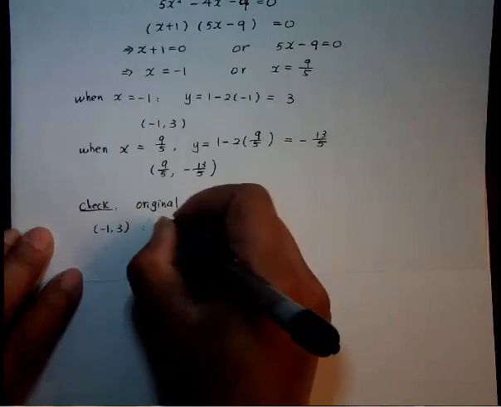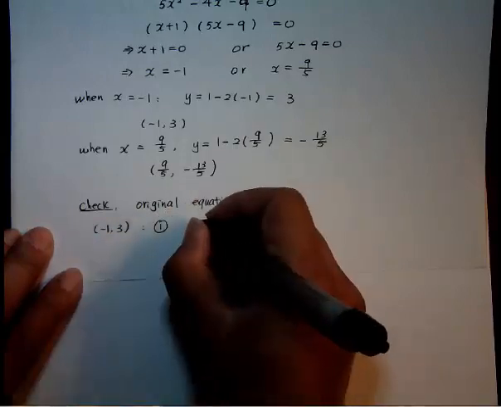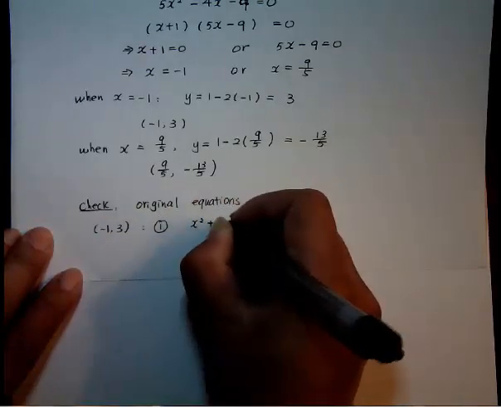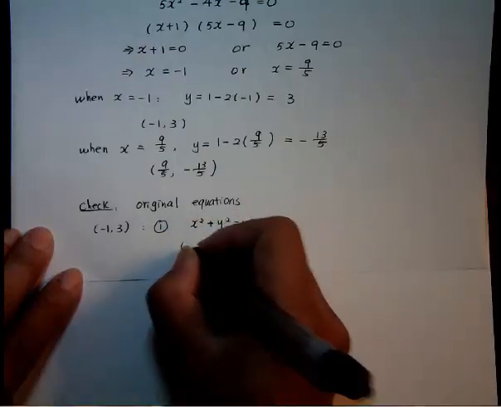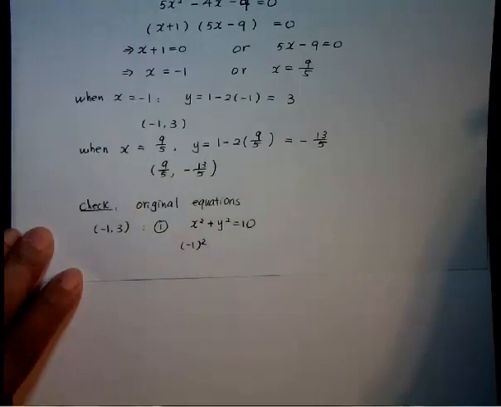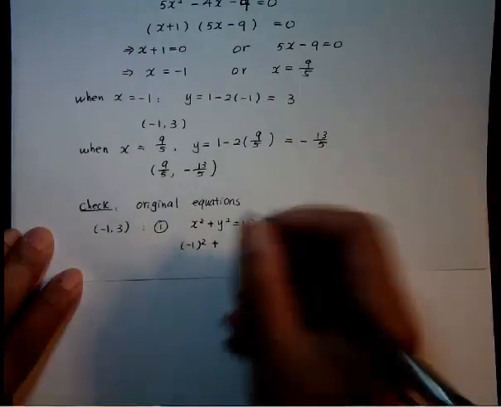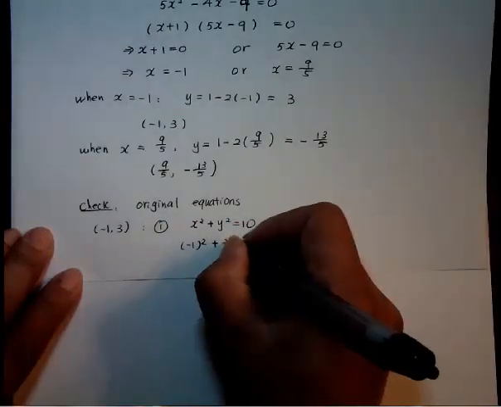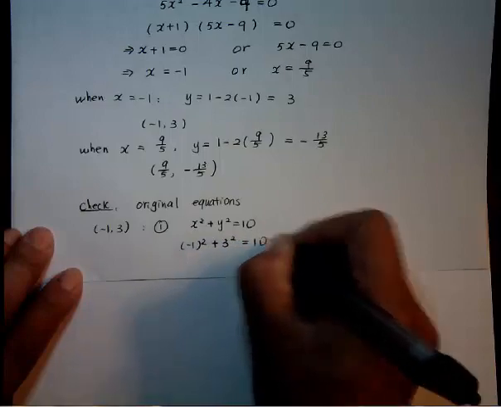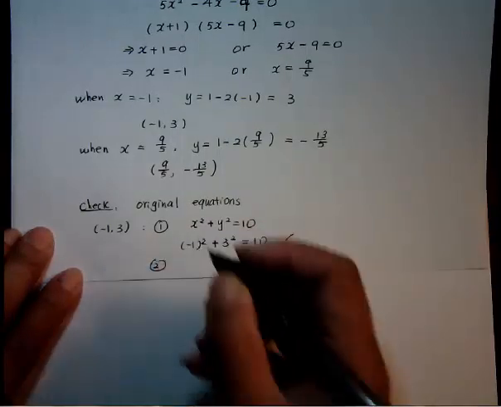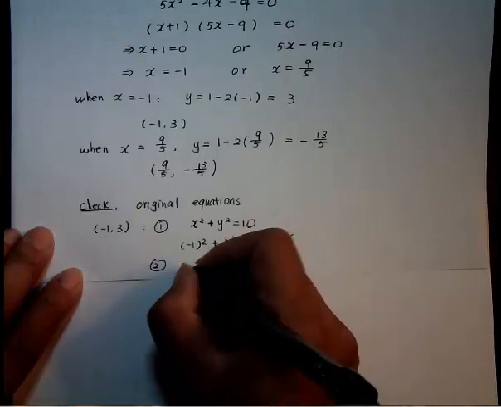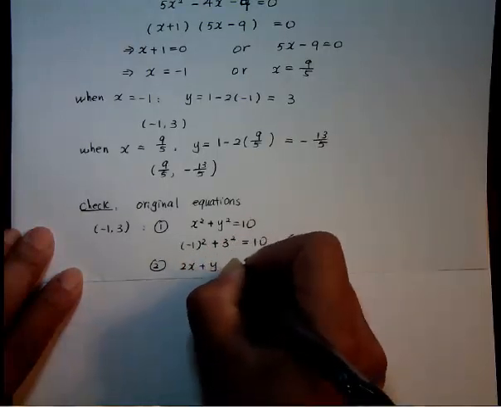Right. So let me check the first ordered pair first. From equation 1, I need to check, is x squared plus y squared equal to 10? In our case, x is -1 squared plus y is 3 squared, that is equal to 10. Correct. How about equation 2? Equation 2 is 2x plus y equals 1, right?